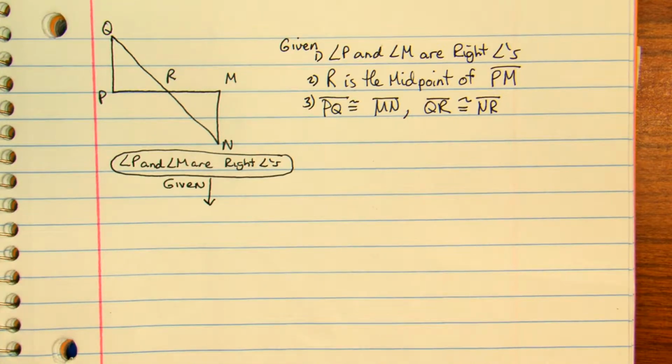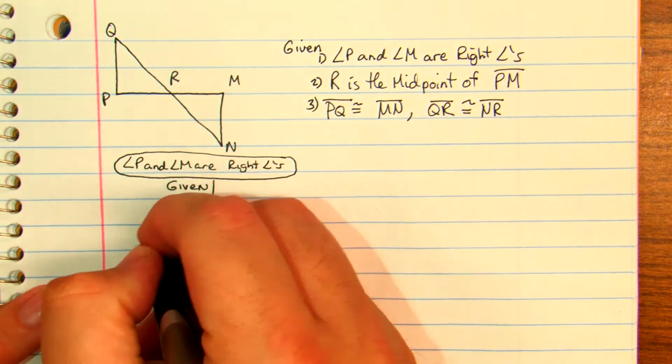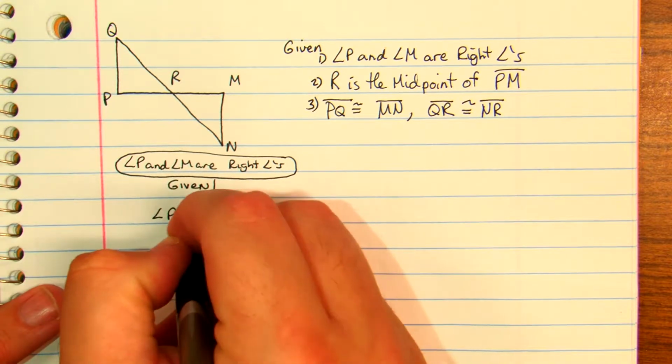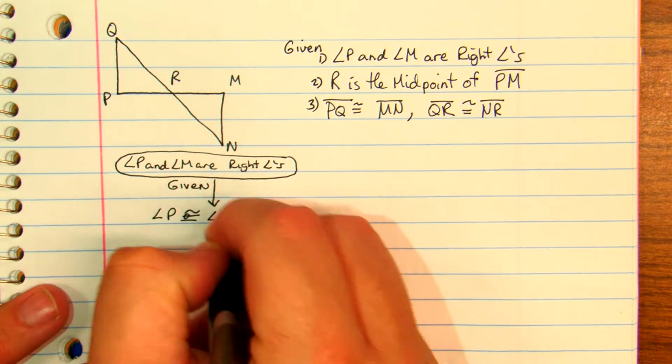Now, what do you know about all right angles? They're 90 degrees, so they're all the same. So what can we say about right angles? They're all the same, so they're all, what's the C word that we can use? Congruent. So I could say that angle P is congruent to angle M.